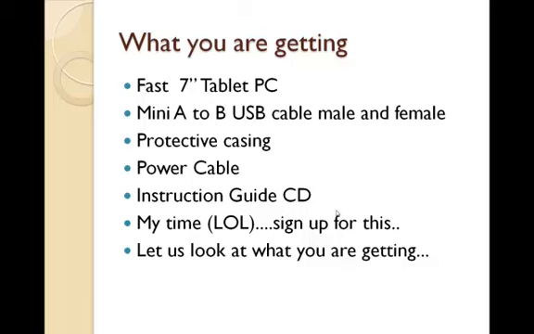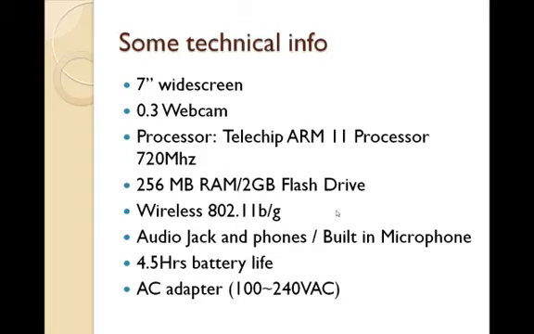Okay, so when you buy the aPad, you're getting a 7-inch widescreen unit with a webcam that you can use. It comes with a moderately fast processor, which actually runs at 720 megahertz. It comes with 256 megabyte RAM with 2 gigs of flash drive.